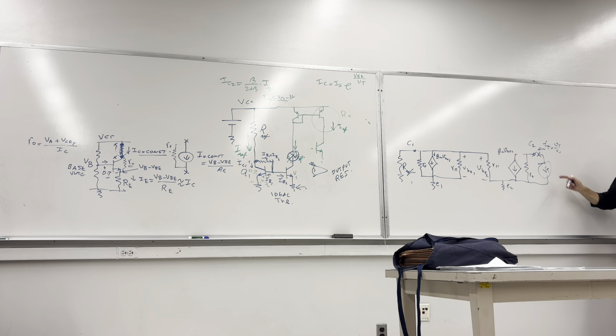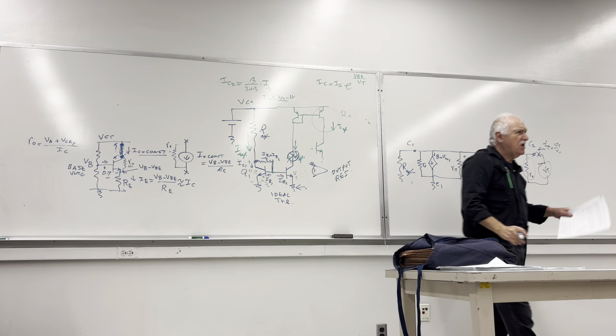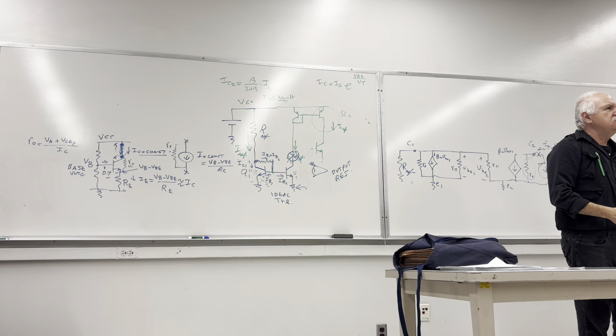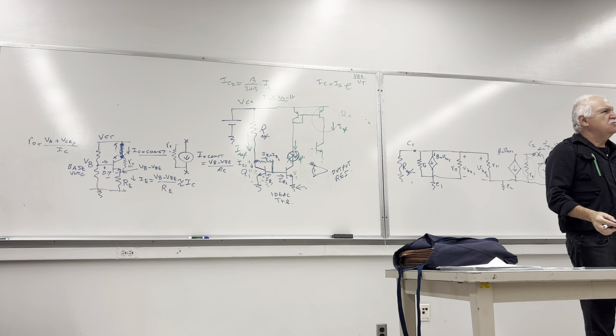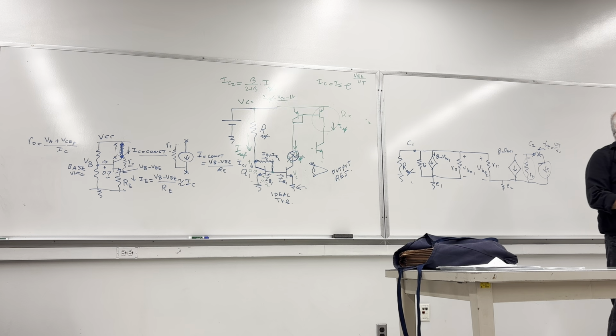Bottom line, the output resistance is RO, the collector-to-emitter resistance of this last transistor, which is quite high, about 70K, typically 50 to 80K, but it can be way, way better.